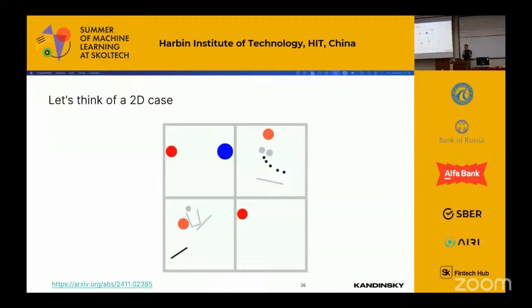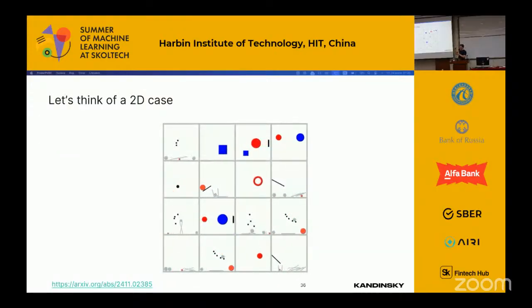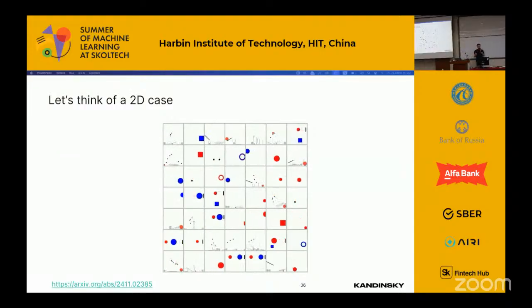Convolutions are better for computer vision at small scale. They train the UNet on a simulated 2D dataset. And why? They would like to understand, does this UNet learn the physics laws or not?